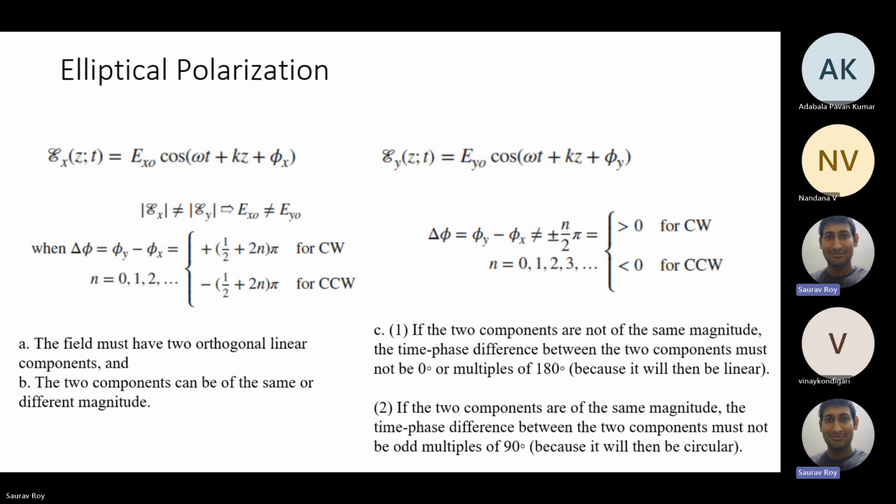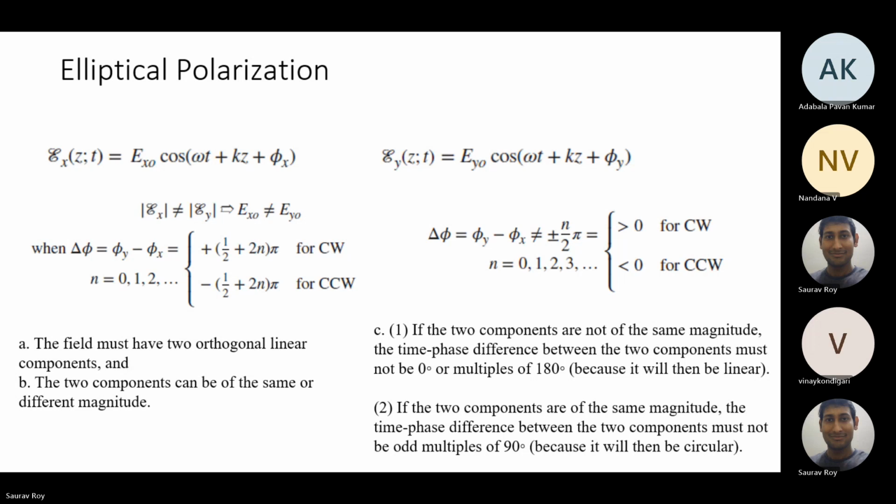For circular polarization, you need an odd multiple of pi by 2, right? But that does not happen. It's not a multiple of pi by 2 at all. It is any value, pi by 6, pi by 8, pi by 7. So even though they are same, it becomes neither circular nor linear. Then what will you call it? It will be called elliptical polarization.